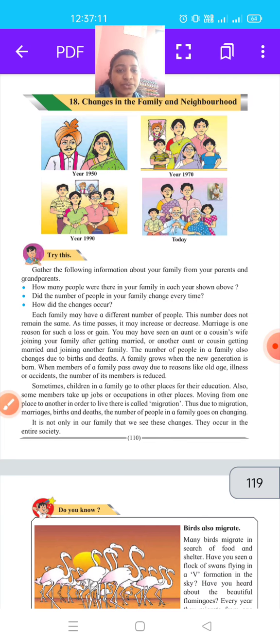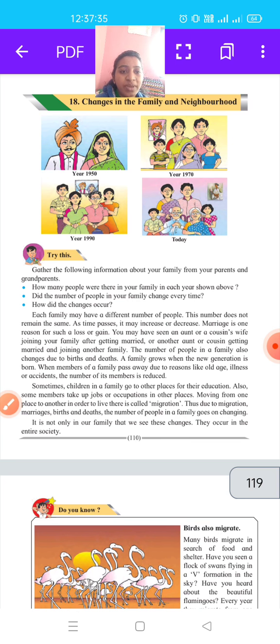For example, if your aunt or your cousin's wife gets married and joins your family, or another example is your aunt or cousin getting married and joining another family, there is an increase or decrease in the number of family members.